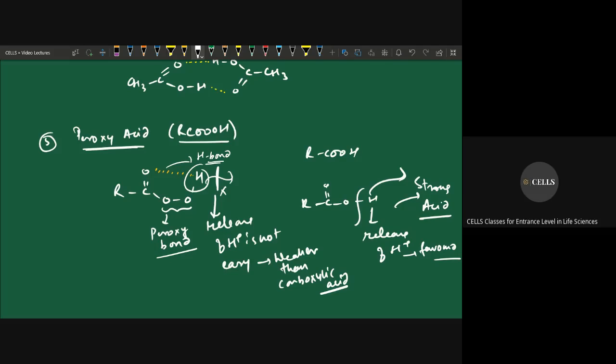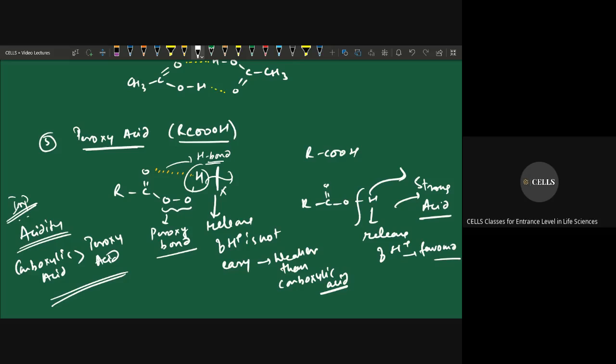So the acidic character, if we measure acidity, carboxylic acid is highly acidic than peroxy acid due to the hydrogen bonding. Important. This is important.